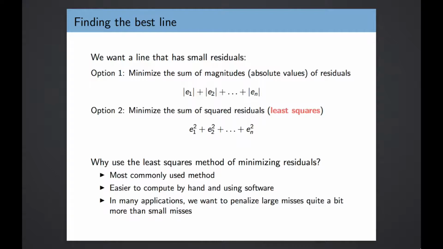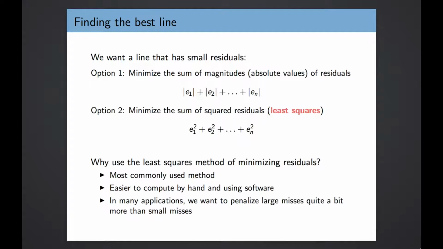The second way of thinking about minimizing residuals is to minimize the sum of squared residuals. So this takes the distance between each data point and the regression line and squares it, and then adds up all of those squared distances to get the measure of the total residuals around that regression line. So this is the least squares option.